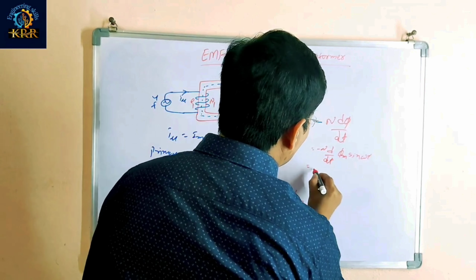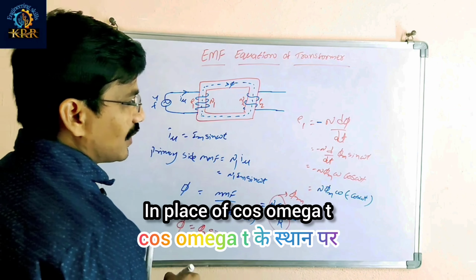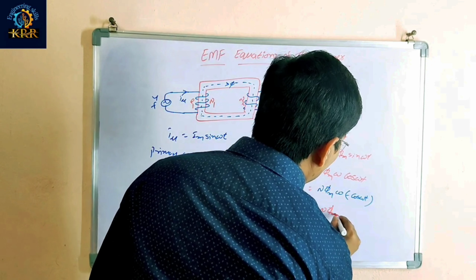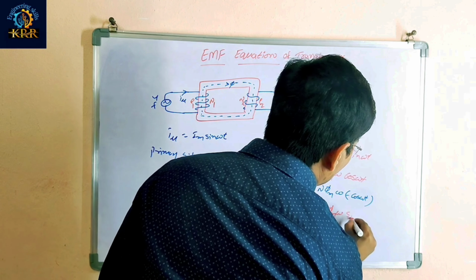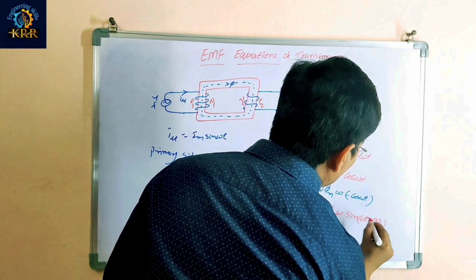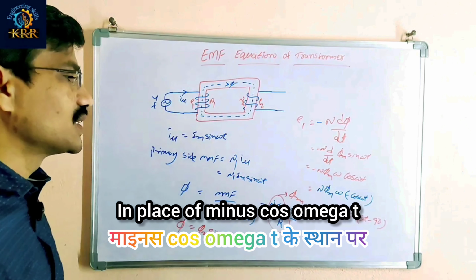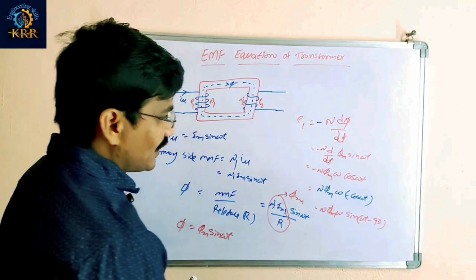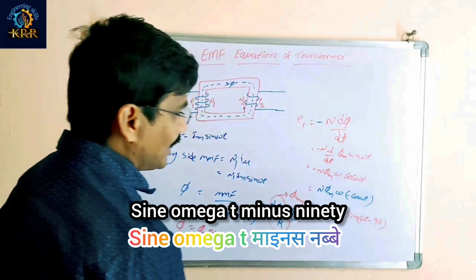So we have N phi m omega times minus cos omega t. In place of minus cos omega t, we write sin of omega t minus 90.